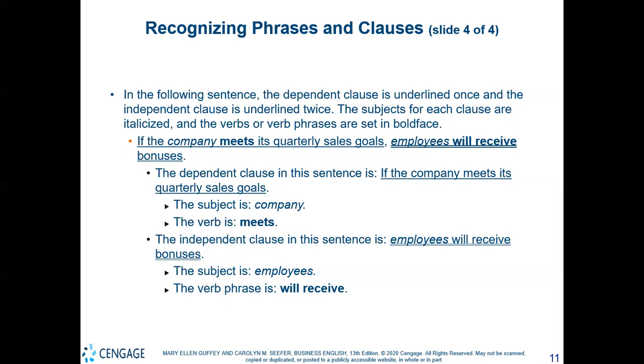The dependent clause in this sentence is, if the company meets its quarterly sales goals. The subject is company. The verb is meets. The independent clause in this sentence is, employees will receive bonuses. The subject is employees. The verb phrase is will receive.